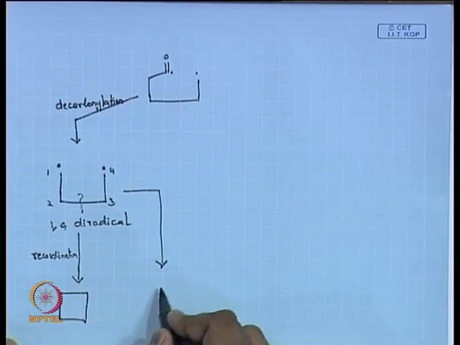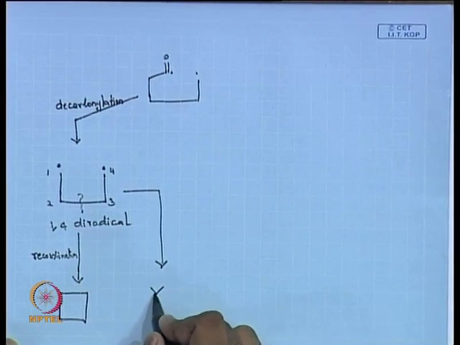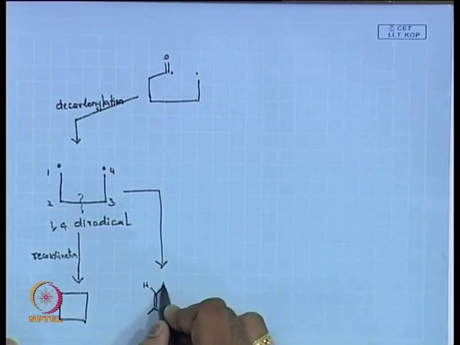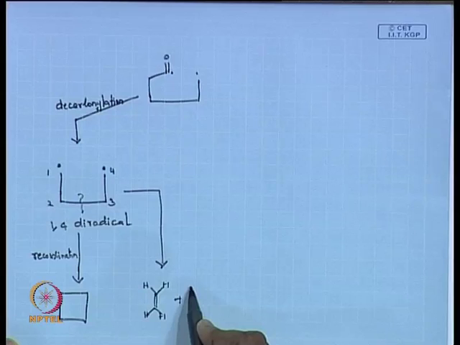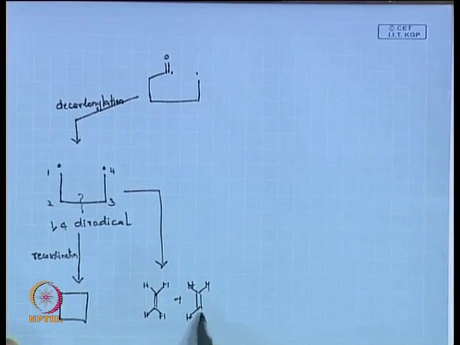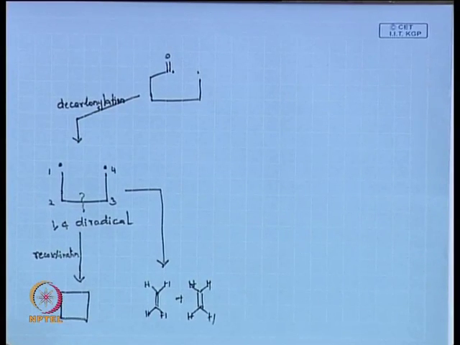So, if it undergoes cleavage, you basically should get 2 molecules of ethylene. Okay. So, you should get this type of system, right.